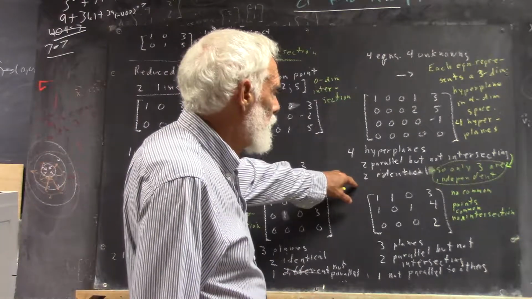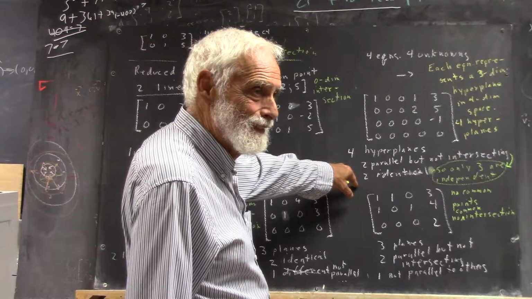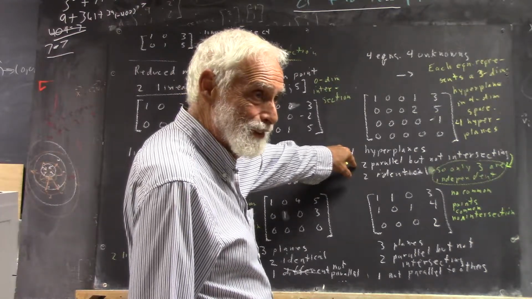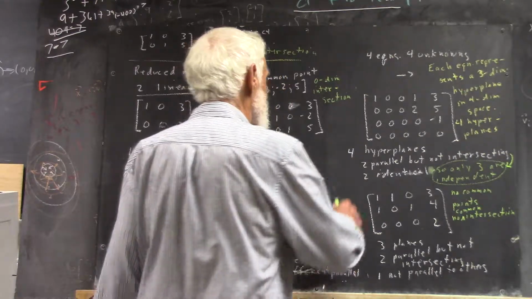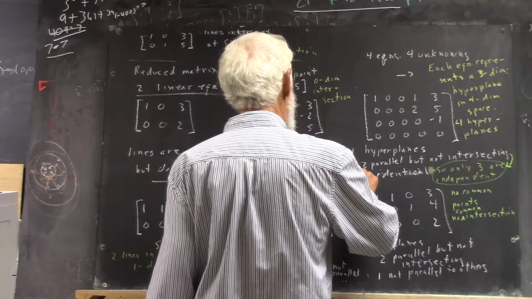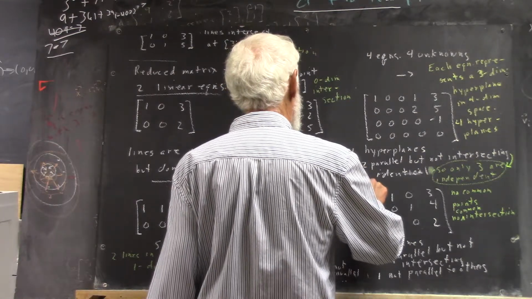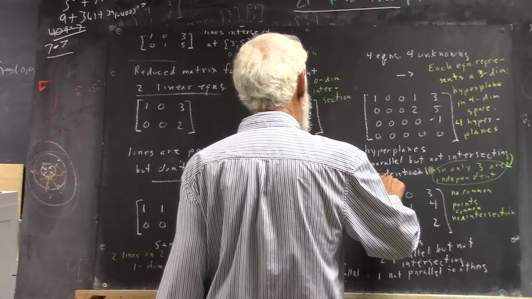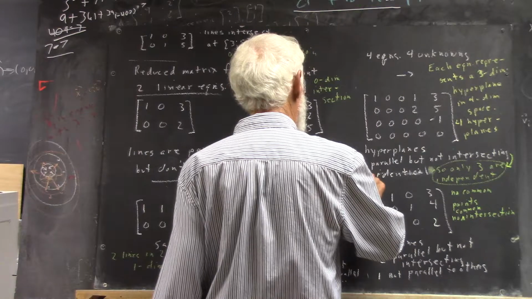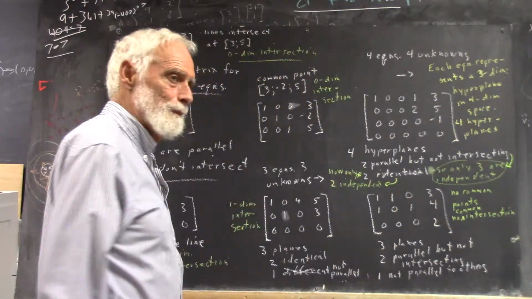But then two of them are identical. If they're identical, they intersect. So there's another one that's not independent. Okay? So from this, there are now only two that are independent.